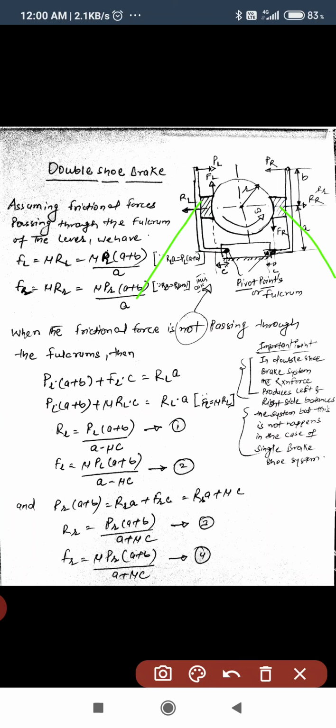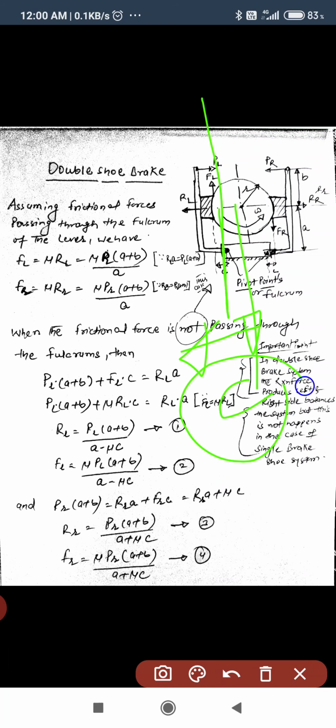So the system is same, but in this case I am taking two cases. When I drew only one figure, but I took two cases: when fulcrum is in the line of action of frictional force, and when it is not in the line of action of frictional force and has some value C.